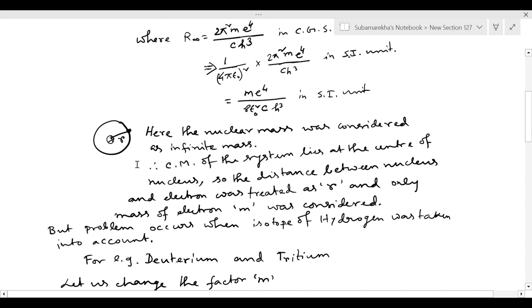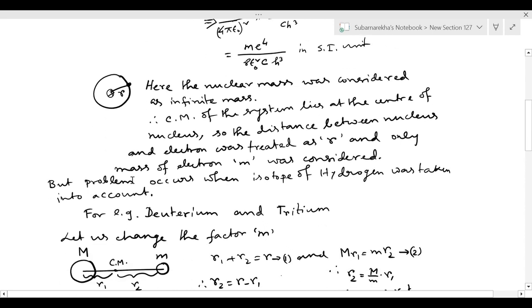Deuterium has 1 neutron in the nucleus, and tritium has 2 neutrons in its nucleus. So this mass change with respect to hydrogen, which has a single proton in the nucleus, was not reflected in this calculation. For that reason, the calculation was changed and the finite mass correction of the nucleus was taken into account.